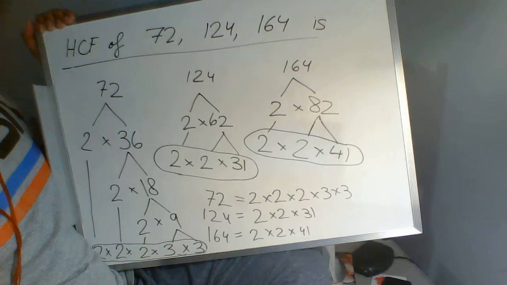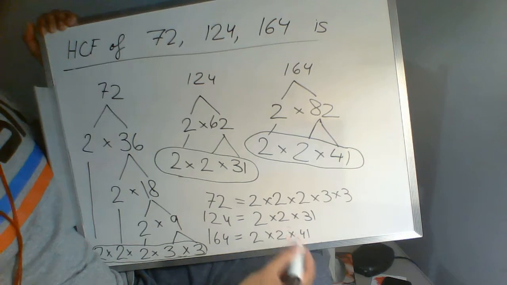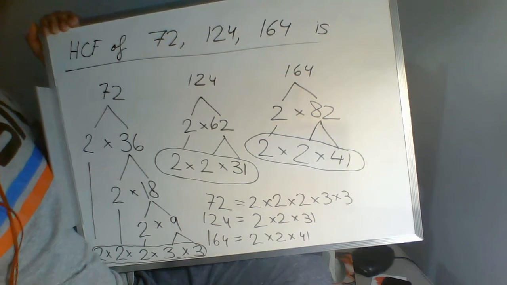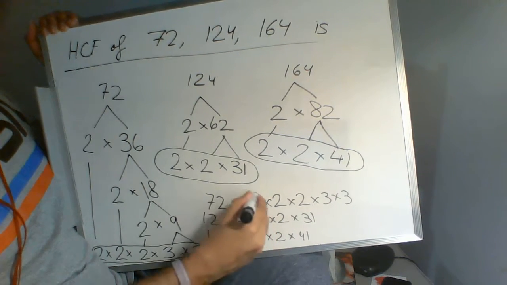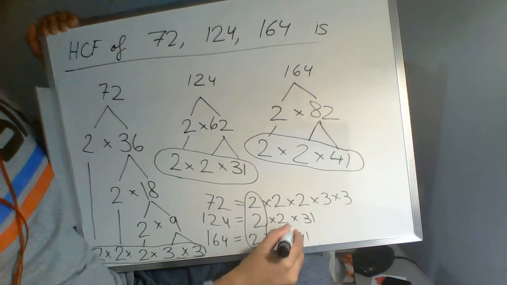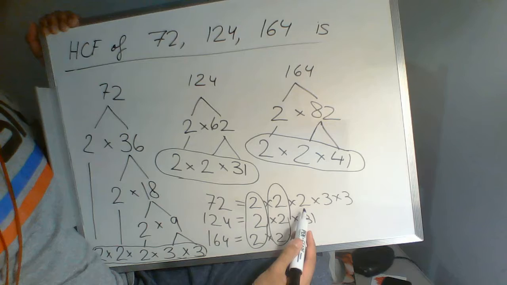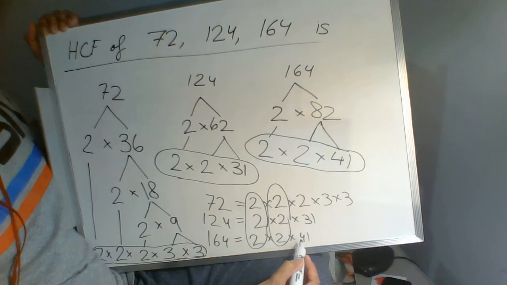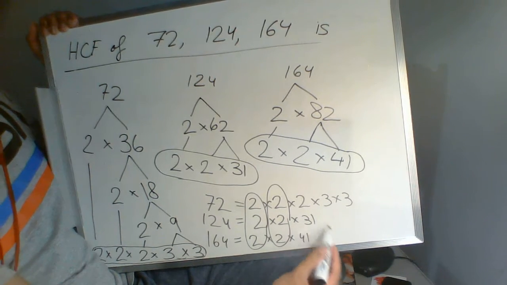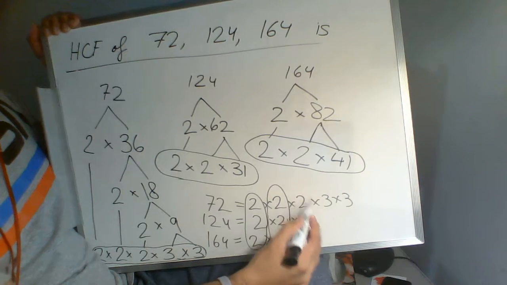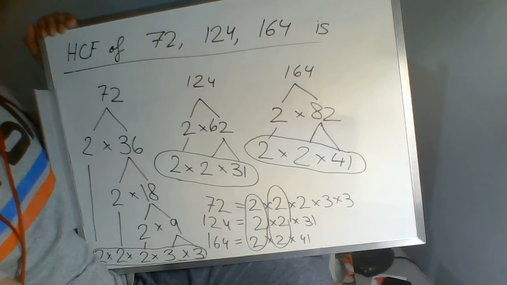And now we just need to group together whatever we see that's common. This 41 and 31, we're not going to have any luck with that, but we do have 2's in common here and right here, but that extra 2 isn't any good for us because we need a third 2 in both of these second and third lines in order to be able to use that extra 2 up top.